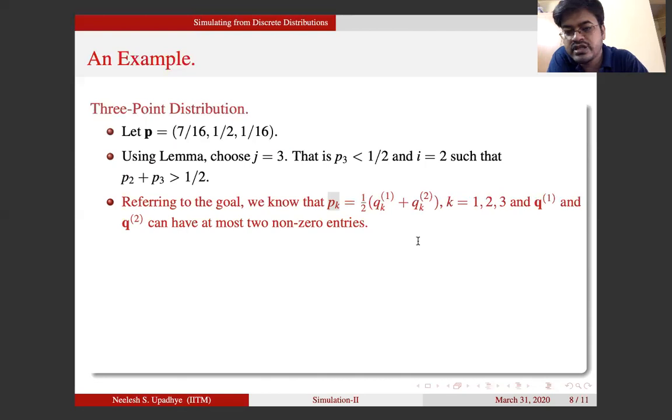That means I am forcing my q23 to be equal to 0.